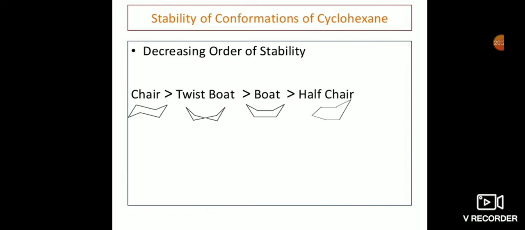We have arranged it in descending order of stability. We have also discussed this point earlier, but today we are discussing it with its detailed structure. So again I am repeating this point: stability of conformations of cyclohexane.